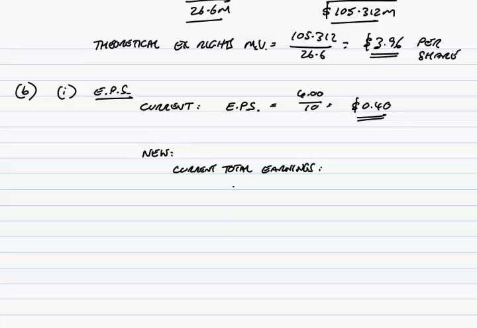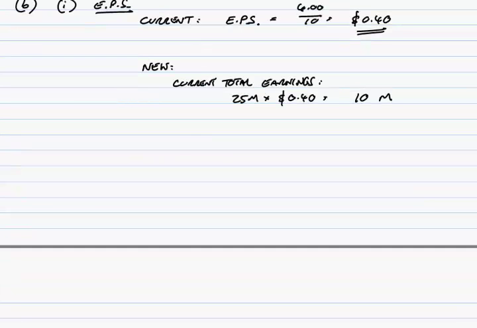Currently, we worked out earlier, we've 25 million shares in issue. We're earning 40 cents per share. And so currently, 10 million. Because of the new project, we're going to get extra earnings. Incidentally, I better keep track of the currency. I'm working in dollars here, appreciate.